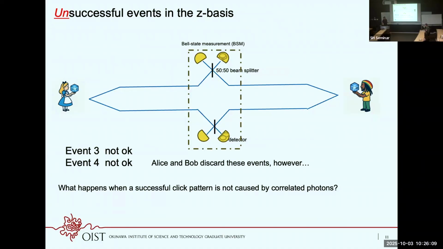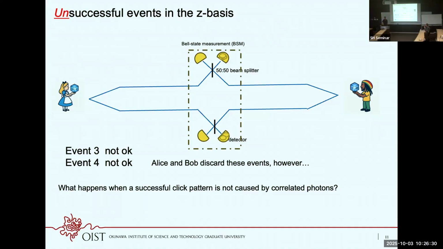If this photon doesn't arrive, you only have 1 click, and as I said before, this is not a successful event. Charlie will say, I only got 1 click, so discard this event.